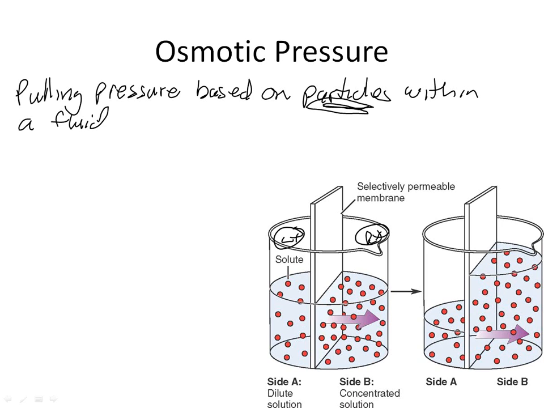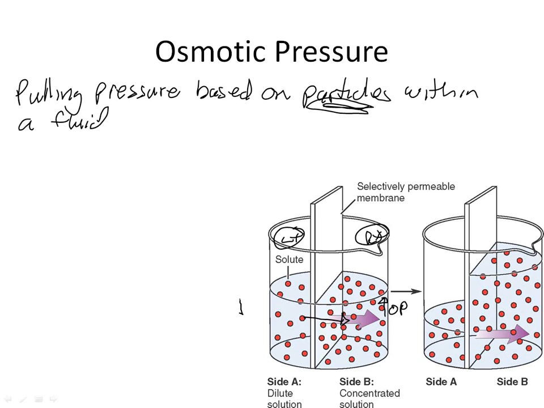Now on the right side of the beaker, since you have more solutes over here, you actually have more particles over here, which means your osmotic pressure is going to be higher on the right side of the beaker than on the left side of the beaker, which means you're going to have a pulling pressure, which is going to allow fluid to come into this area on the right side of the beaker, ending up with the same result.